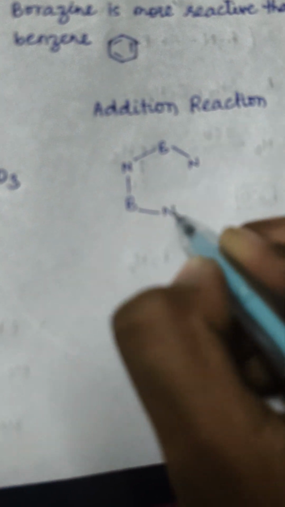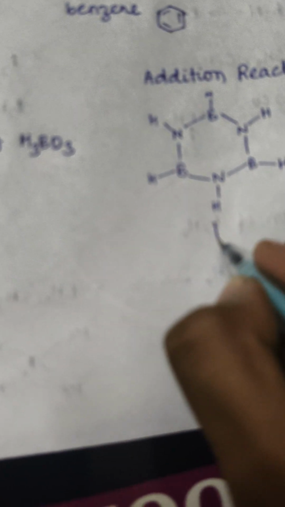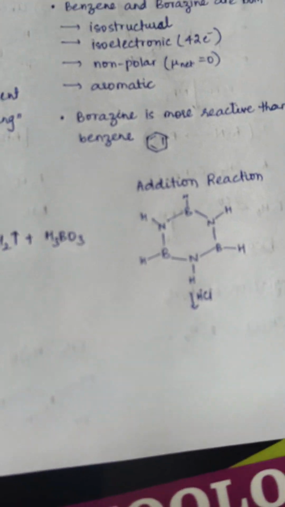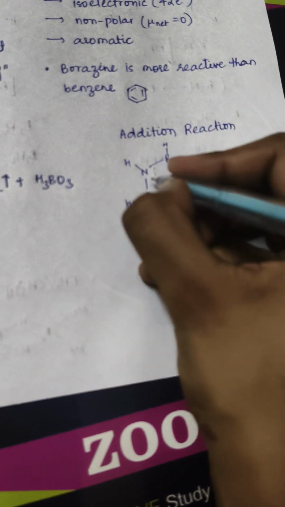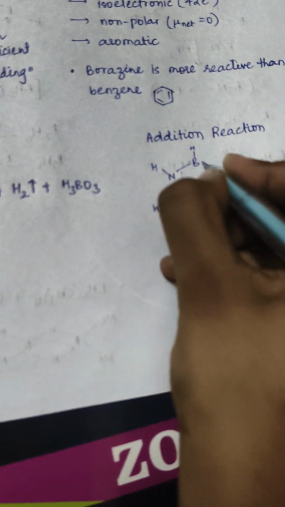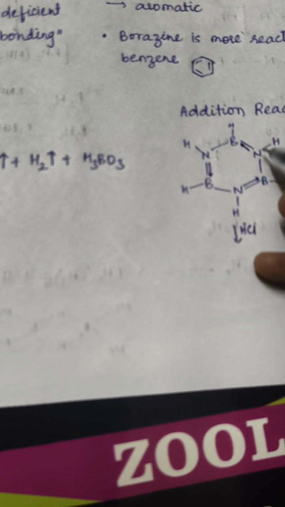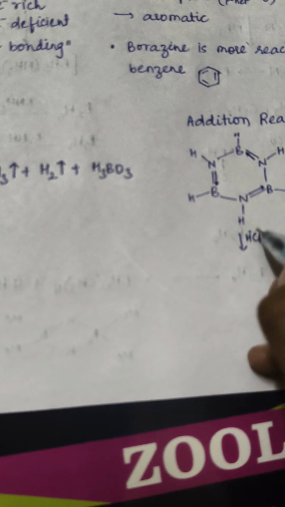One small thing is the addition reaction with HCl, and we know this is plus and this is minus. N will have H plus and Cl minus.